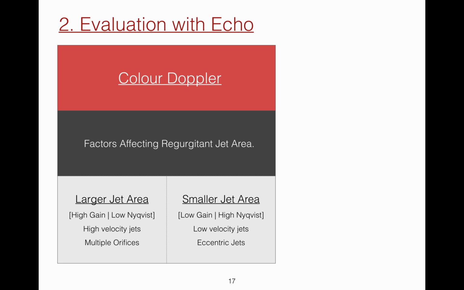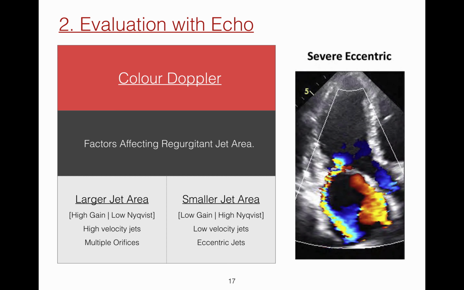Factors that lead to a smaller jet area, apart from gains that are too low and Nyquist limits too high, are low velocity jets and eccentric jets. That is, these are often underestimated. For example, the image on the right shows a narrow eccentric jet of mitral regurgitation, which is in fact severe.